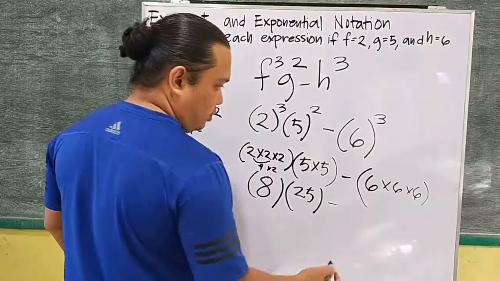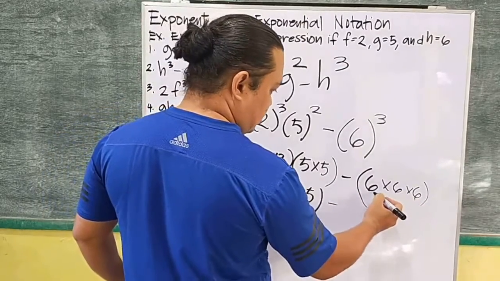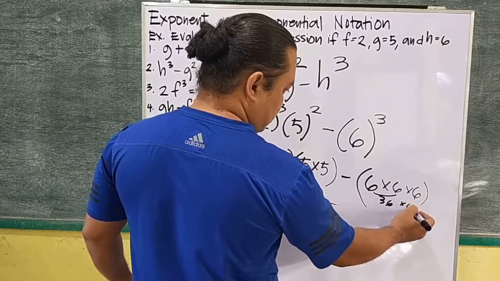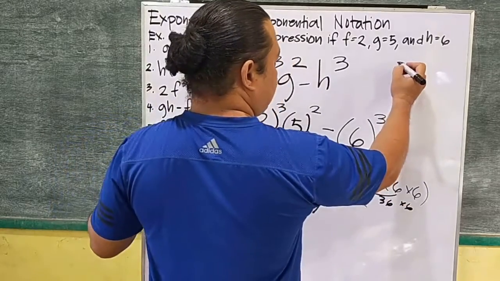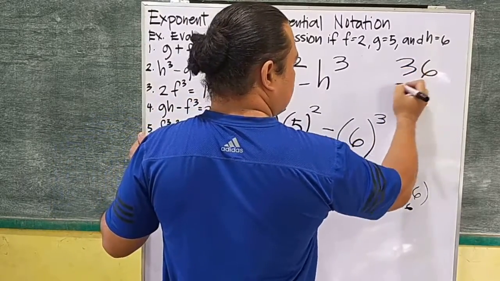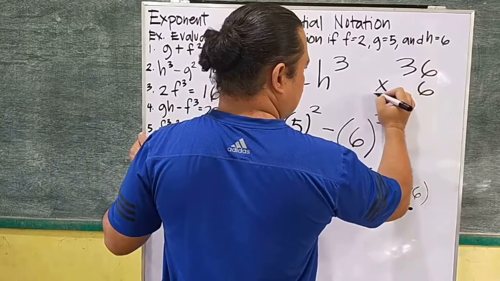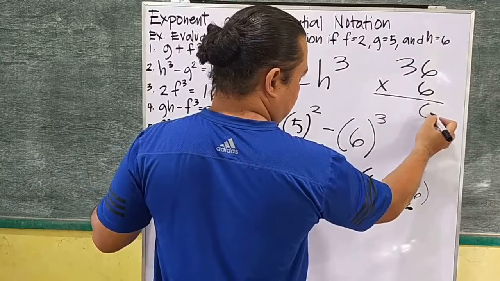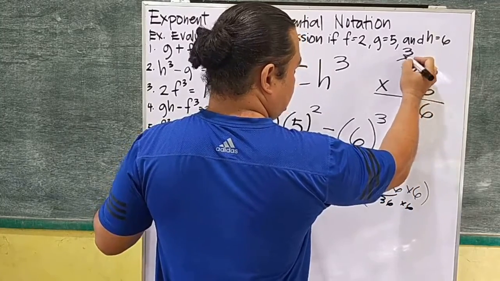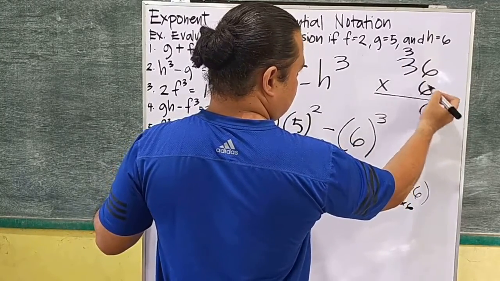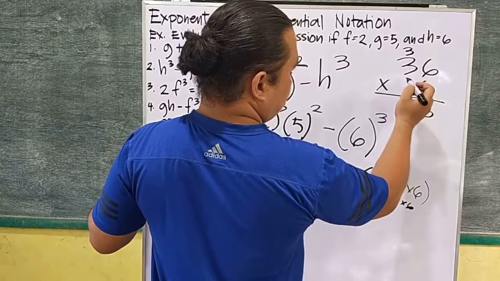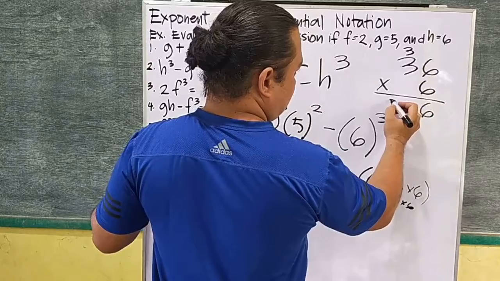Minus, we have here 6 times 6 is 36, times 6. Let's do that. 36 times 6. 6 times 6 is 36, 6 carry 3. 6 times 3 is 18, 18 plus 3 is 21.